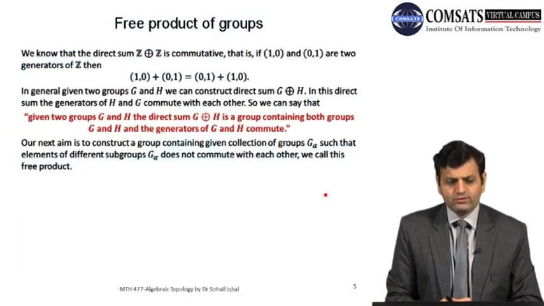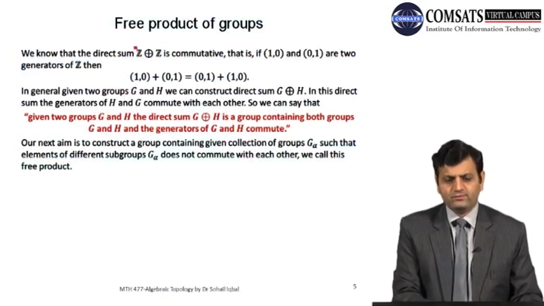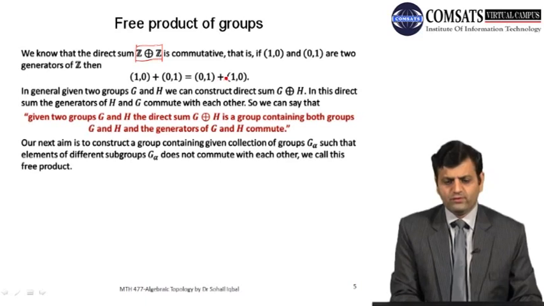Now we also know that we can take the direct sum of two groups. For example, if I have integers, then I can take the direct sum of integers with itself, and the generator of this Z can be denoted as (1, 0), and the generator of this Z can be denoted by (0, 1).